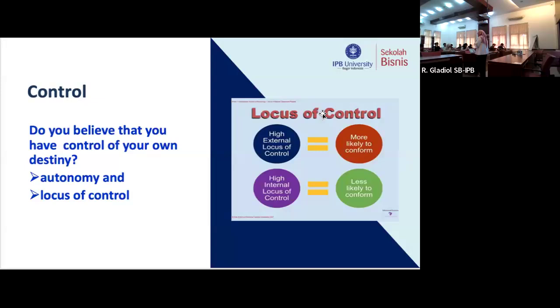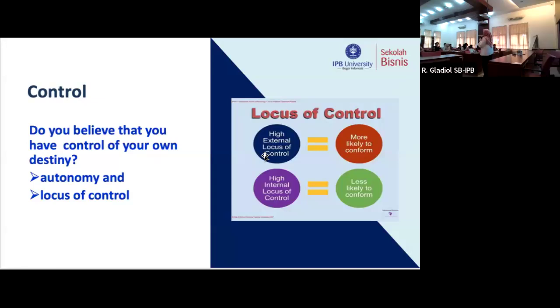Control is like the locus of control. You have to know what kind of situation you have to shape by your own action, or shaped by external factors. You have to know that.